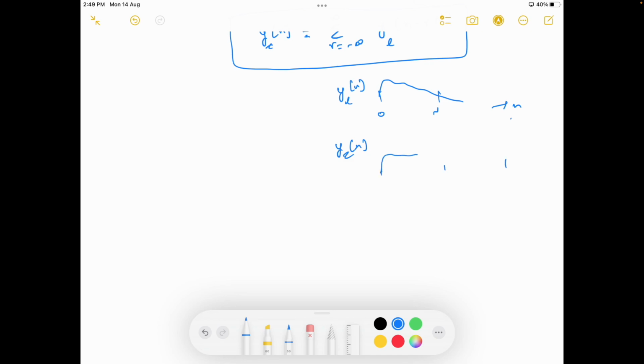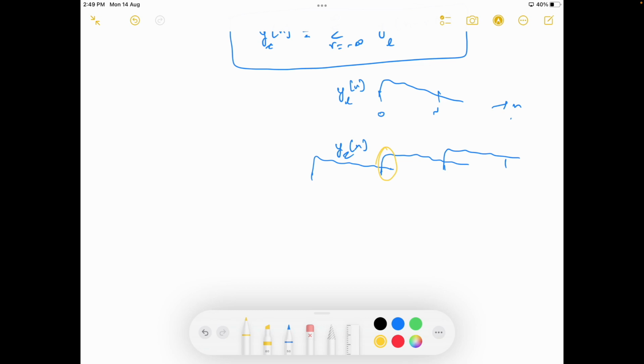So first this one comes, then this one comes, then this one comes. It becomes the copies. So the overlapping part gets added. Yes, that's the point. So you see here, things are modified.